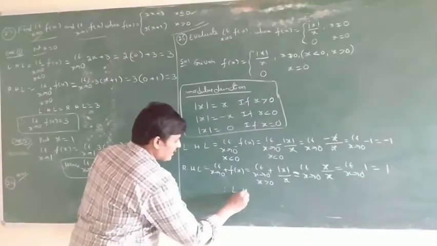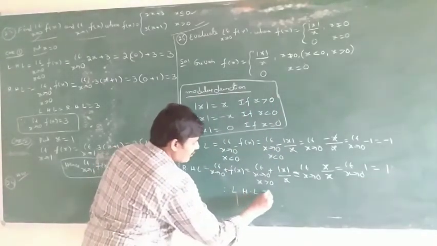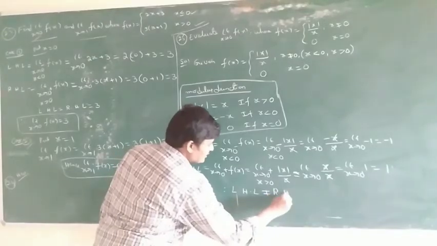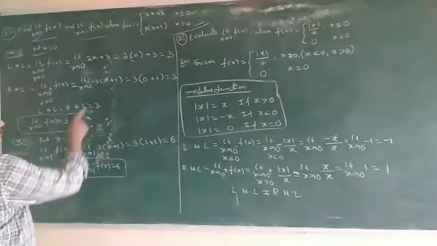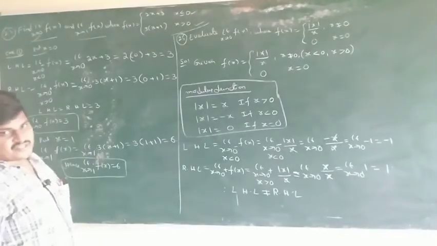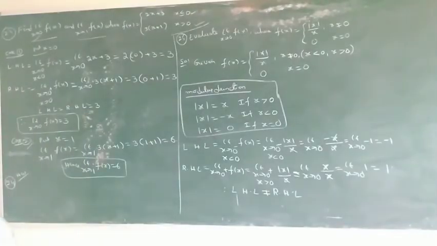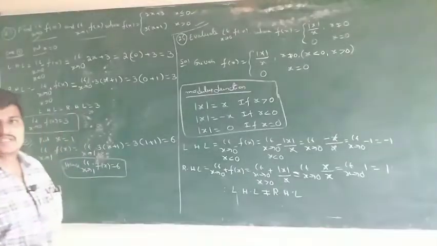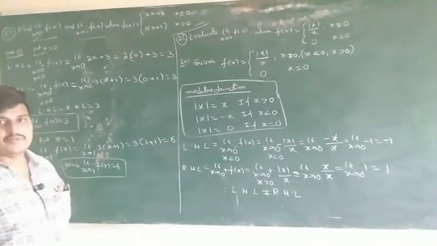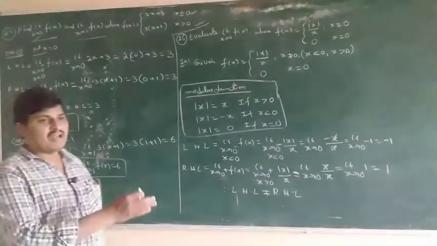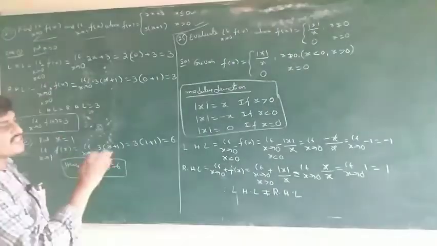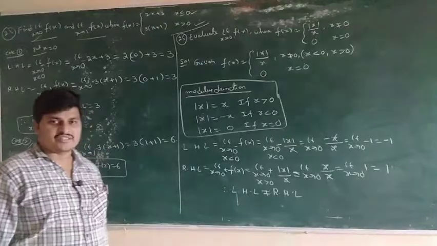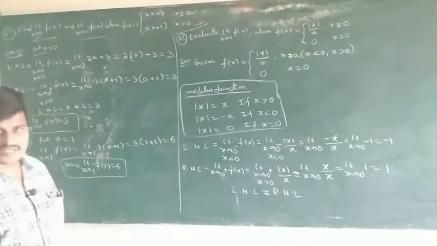So therefore LHL is not equal to RHL. If LHL is equal to RHL equal to that L, it means the limit exists. Limit exists means the limit value is there, that the limit value is equal to L. Limit not equal, meaning LHL is not equal to RHL, means the limit does not exist.